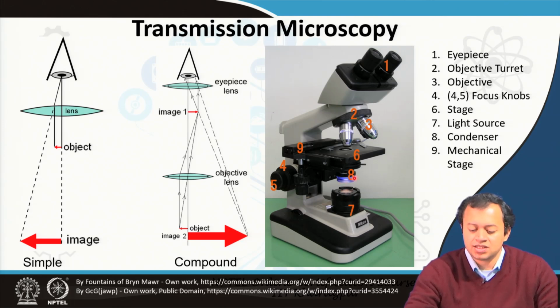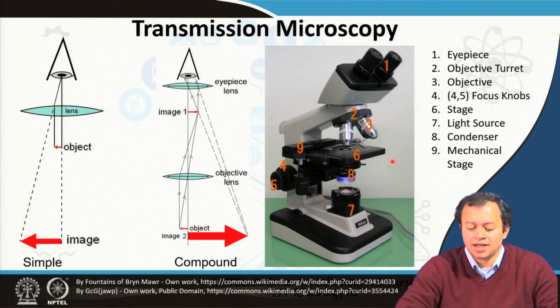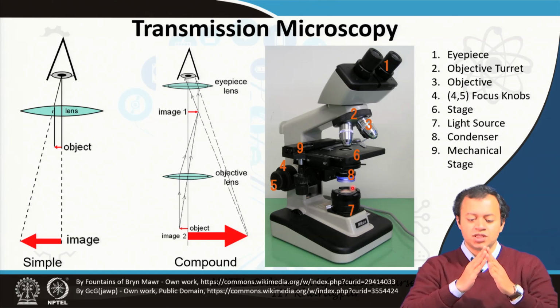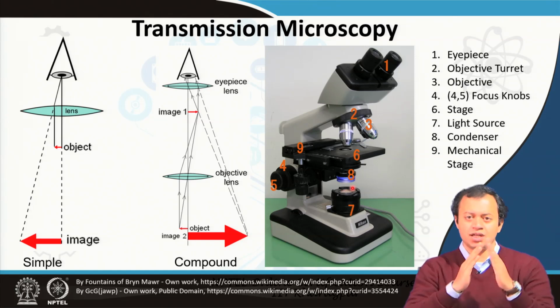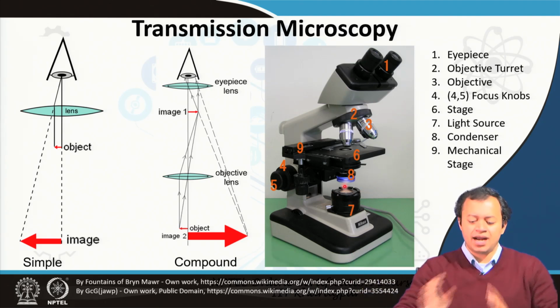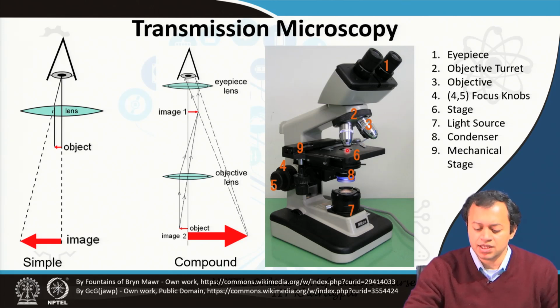Here 8 is the condenser. Condenser is some kind of a lens which takes light rays coming from all different directions and either converges them into a specific point or makes them parallel. So, condenser can do both. So, 7 is the light source, it sends light in all different directions. The condenser makes them parallel and then basically illuminates the sample.